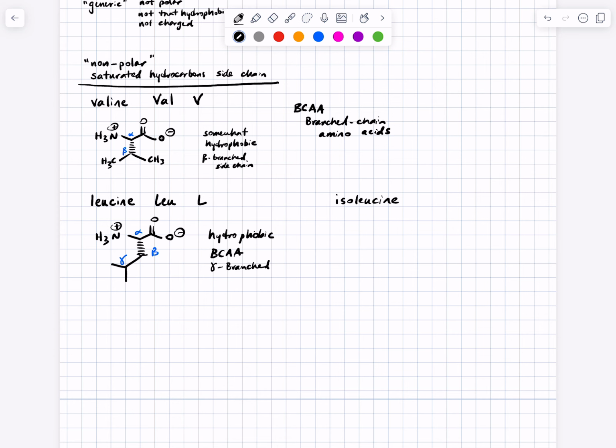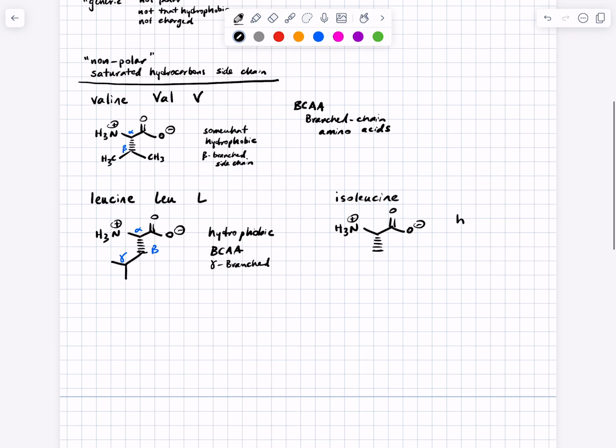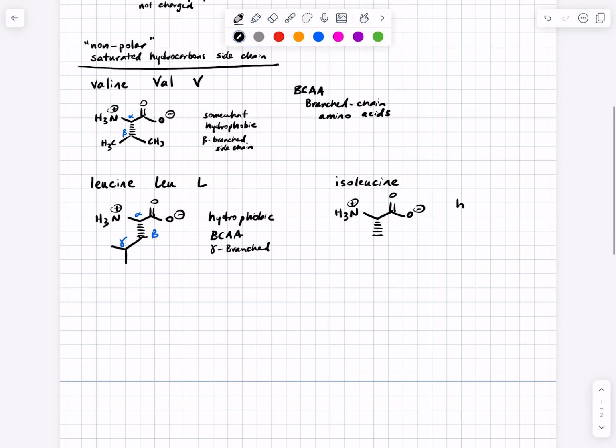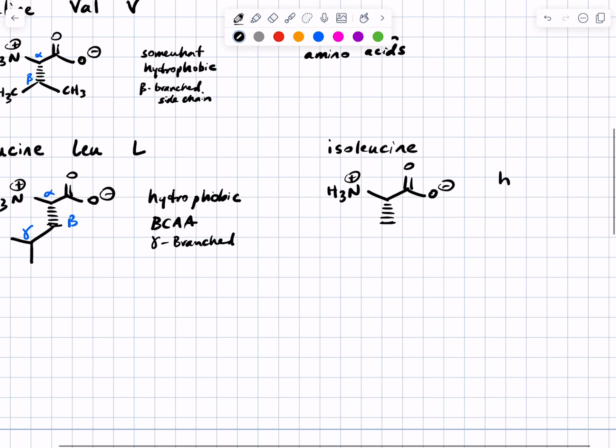So let me show you the basic backbone structure of isoleucine. Same as with all the other amino acids. Dash here. Isoleucine is beta branched like valine. And we'll just draw it like this.